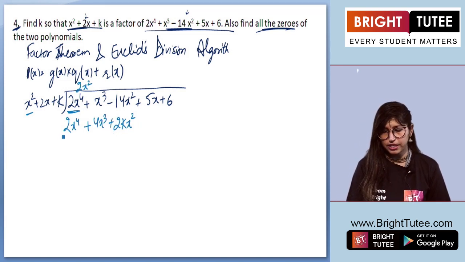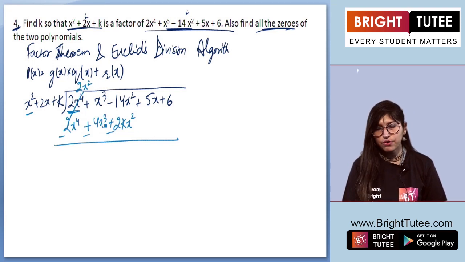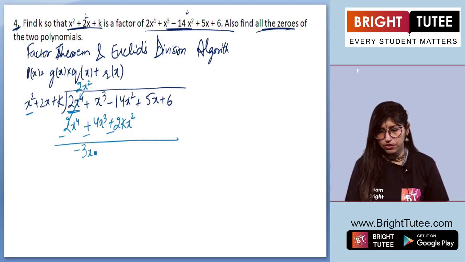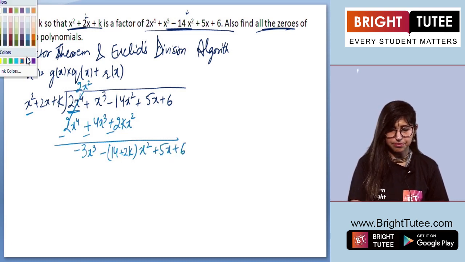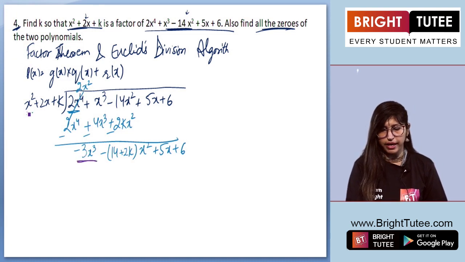Now we'll be subtracting these two, changing the signs. We can cancel these two out. We are left with x cube minus 4x cube, which is minus 3x cube, and we got minus 14 plus 2k x square, plus 5x and plus 6. Now if we have minus 3x cube and x square, we will get minus 3x.